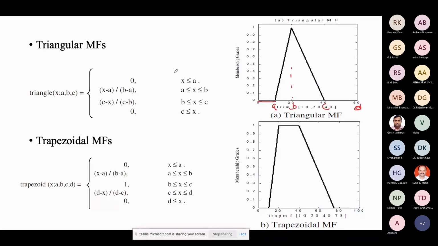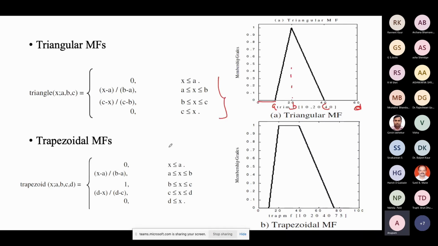It can be written mathematically with the help of line equations. This is a line, this is again a line, so with the help of line equations we can write the triangular membership function, right? We study this because in the classification block we have a membership function.